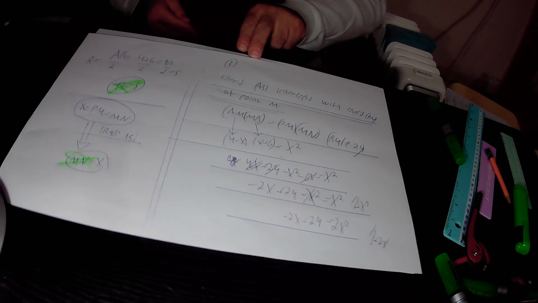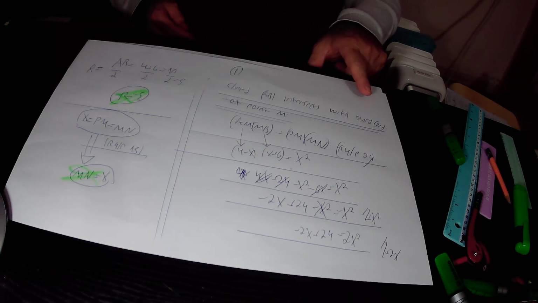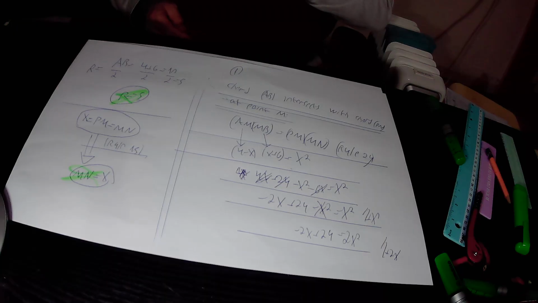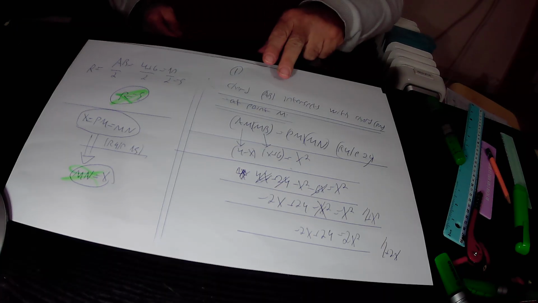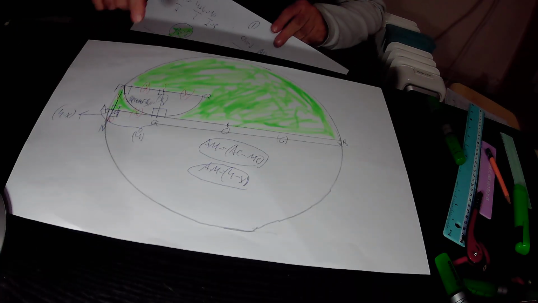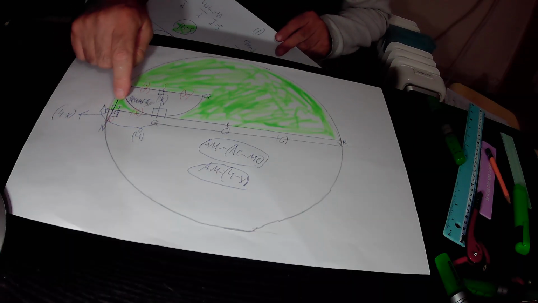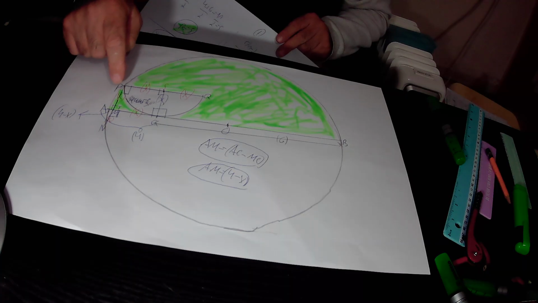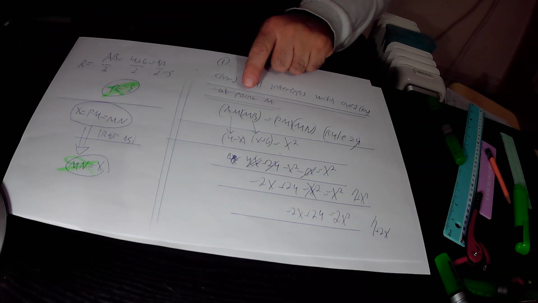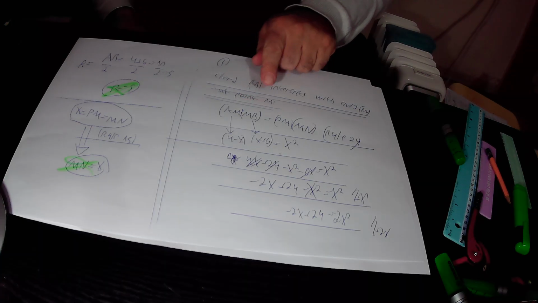In our original drawing, chord AB intersects with chord PN at point M. So according to rule 24, the following equation is true: AM times MB equals PM times MN.